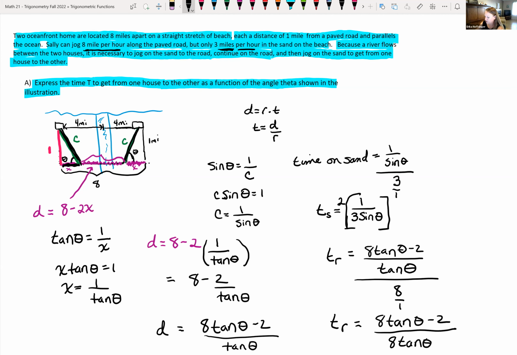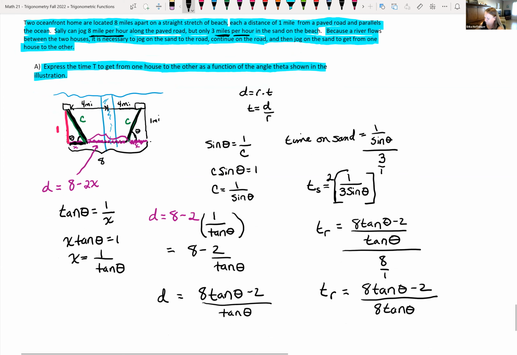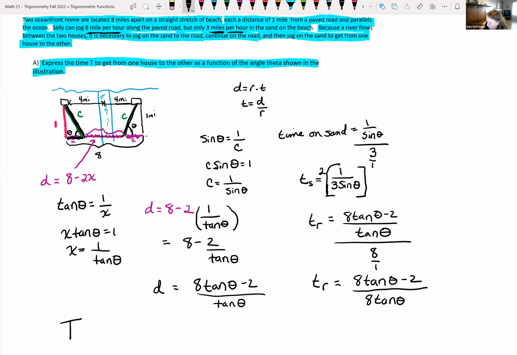So the total time is equal to the time on the sand, which we found to be 1 over 3 sine theta, but there are 2 of those pieces, so we multiply that by 2.